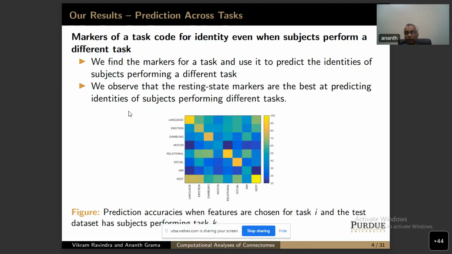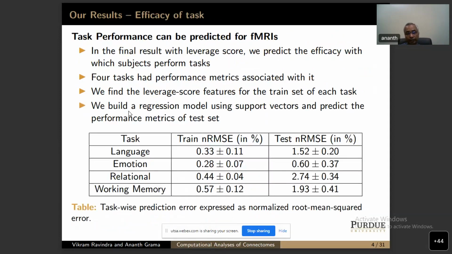And we find that you find markers for one task, and you use them to predict identities when performing different tasks. And you actually get good accuracies even in that case. We observe that resting state markers are indeed the best, but in fact, you can actually use task-oriented markers to identify individuals, and they work relatively well as well. So this is another hypothesis you can validate.